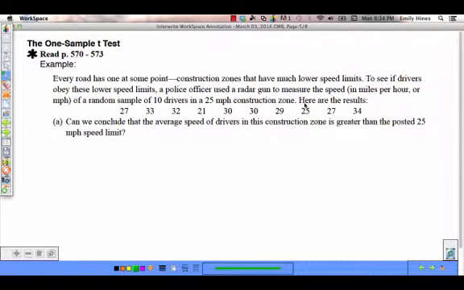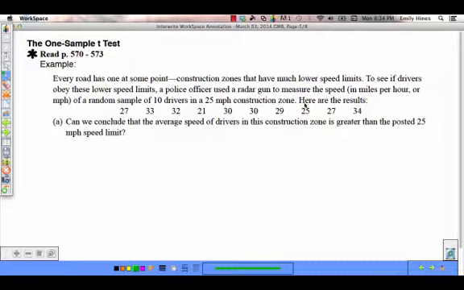Okay, let's do a whole example. Every road has one at some point, construction zones, that have much lower speed limits. So to see if drivers obey these lower speed limits, a police officer used a radar gun to measure the speed in miles per hour, or mph, of a random sample of 10 drivers in a 25 mile per hour construction zone, and there are the results.